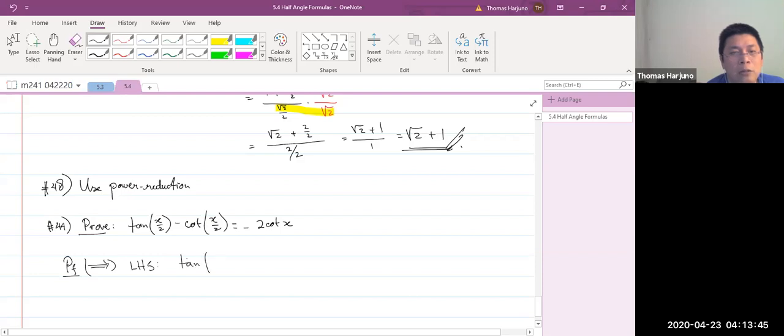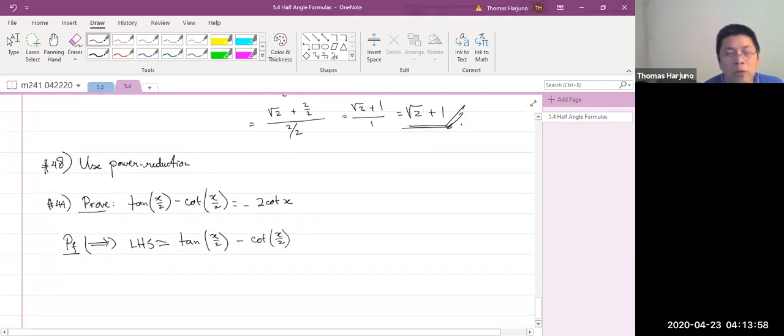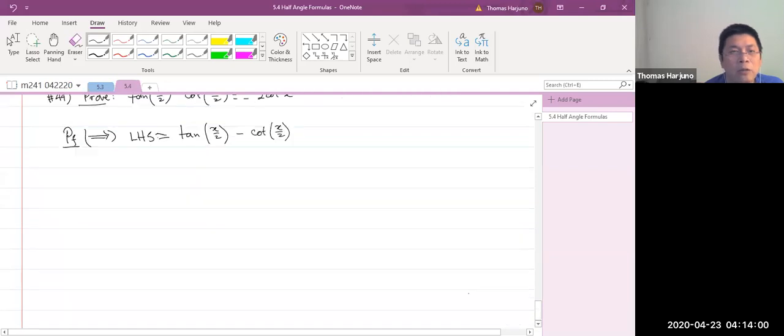Tangent x over 2 minus cotangent x over 2. Now, don't make it sine cosine. You have tangent and cotangent. What do you do? Make it into tangent.